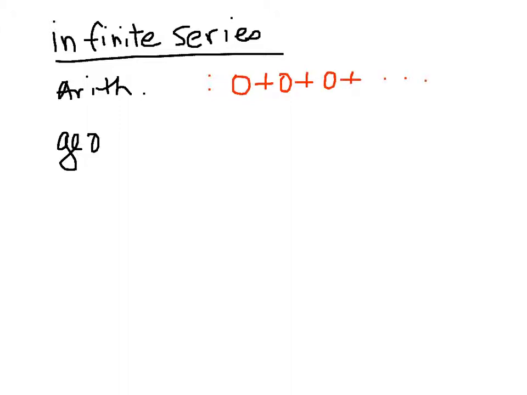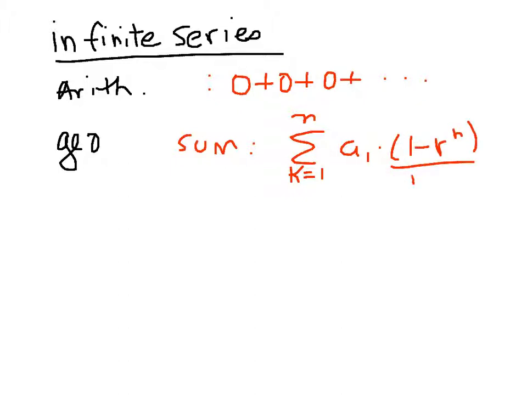But a geometric series is a lot different. Remember the sum of a finite, k goes from 1 to n, that's going to be a sub 1 times 1 minus r to the n over 1 minus r. Now this might converge.